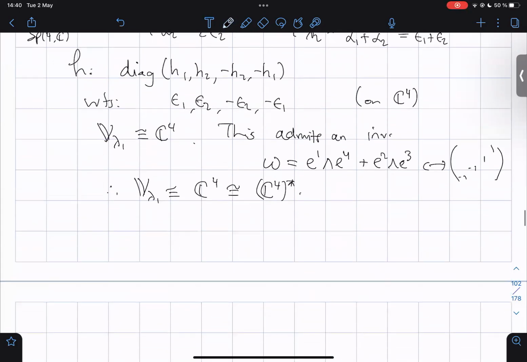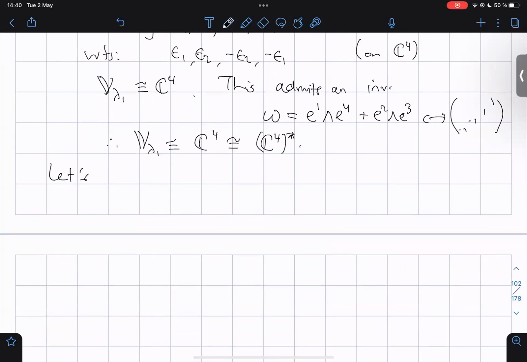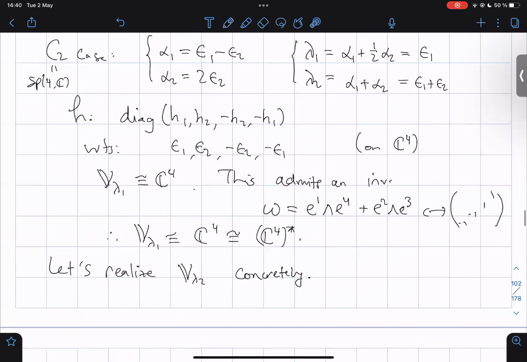Okay, so let's now realize this guy concretely. Keeping in mind these weights, these epsilons, epsilon 1 is the highest weight for this guy, and then epsilon 1 plus epsilon 2. The highest weight vector here is E1, the next highest would be E subscript 2. So we're going to realize this inside the wedge 2 of C4.